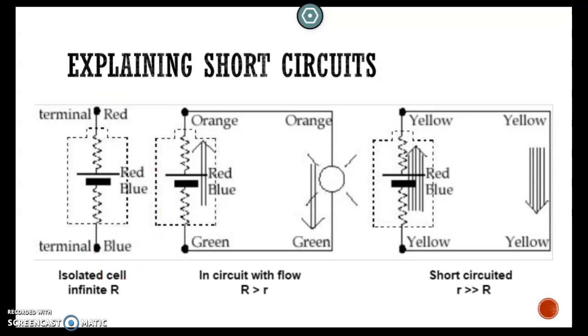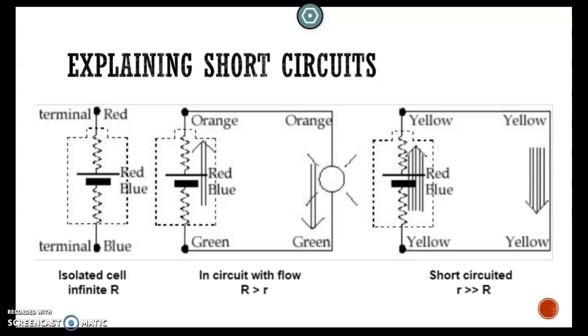Now, because there is no flow, the internal resistance, R, given by these two little things here, has no effect on the electric pressure difference due to the chemical activity in the battery. Therefore, the pressure difference at the terminals of the battery, here and here, is not diminished, because since there's no flow through here, from here all the way up to here, that's all red, and from here all the way down to here, that's all blue.